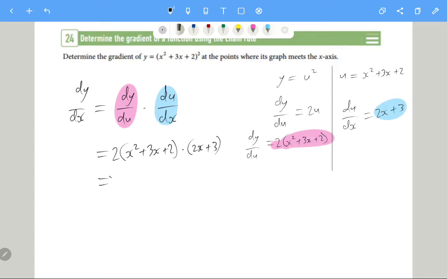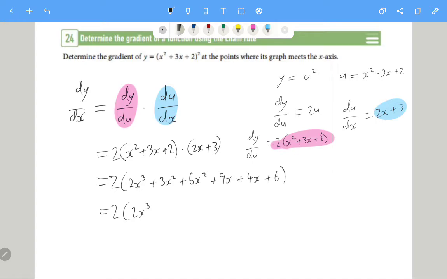So let's expand the brackets first. x squared times 2x is 2x cubed. x squared times 3 is 3x squared. 3x times 2x is 6x squared. 3x times 3 is 9x. 2 times 2x is 4x. And 2 times 3 is 6.